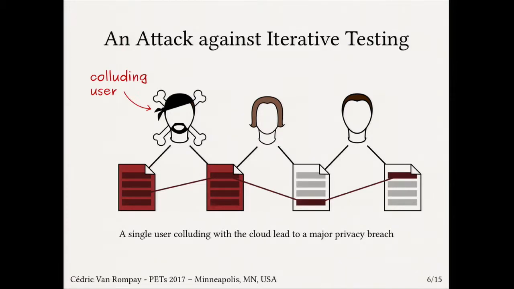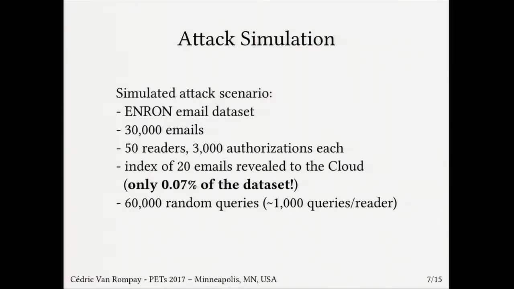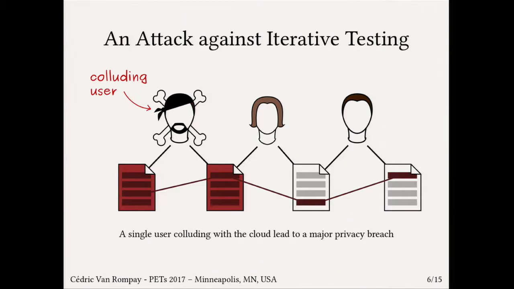But what's maybe less intuitive and more interesting is how powerful it is. To see that, we ran statistical experiments, following a methodology as close as possible to that of Cash et al. Here we give some figures about the conditions, but the most important one is this: we have 30,000 emails, and we give the server access to only 20 of them, the red documents here.